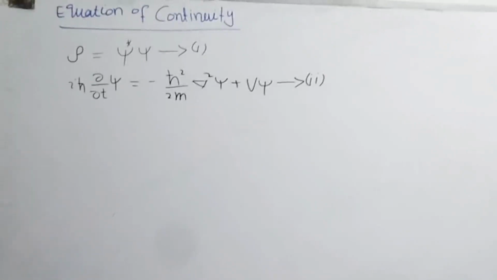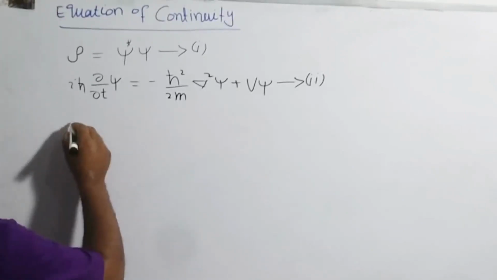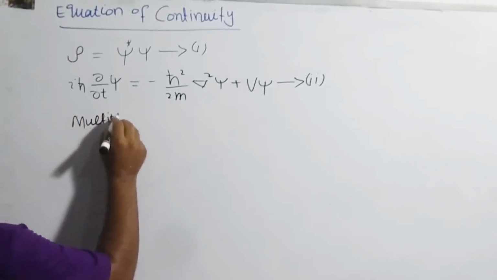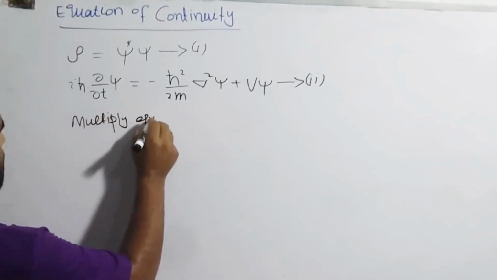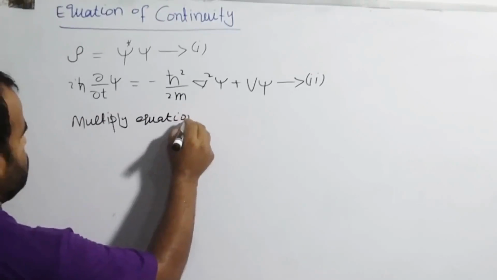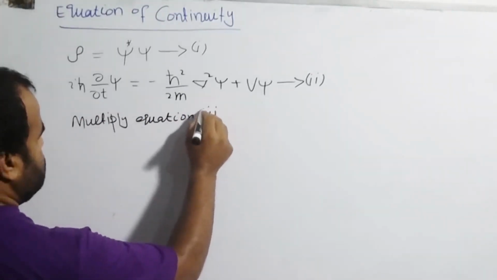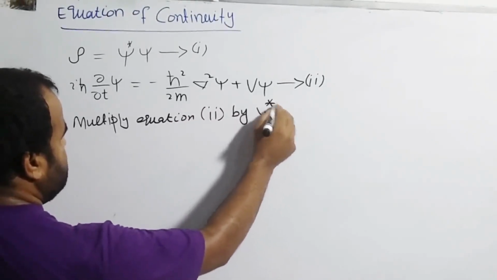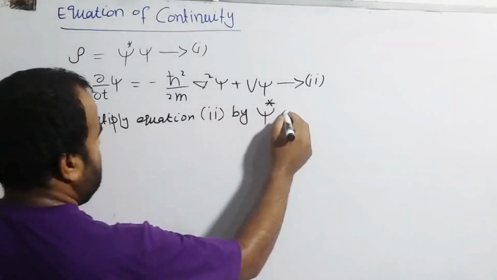Now we multiply equation 2 by psi star on both sides.